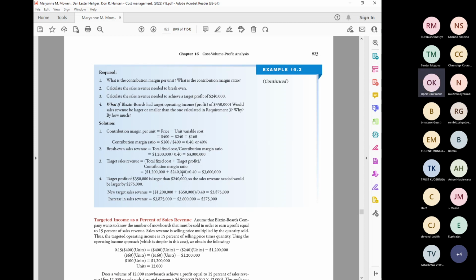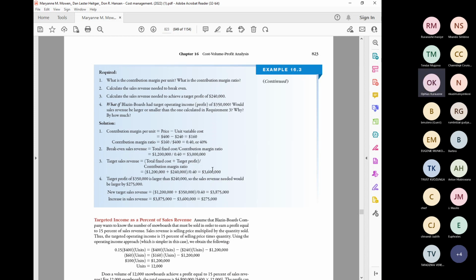Target profit 240,000 is also given. The contribution margin ratio we calculate as the contribution divided by the price. Then you get 3,600,000. That's the sales revenue which you are now targeting.